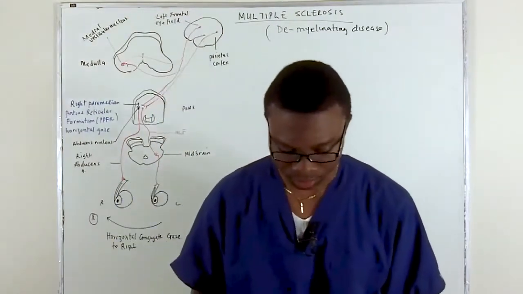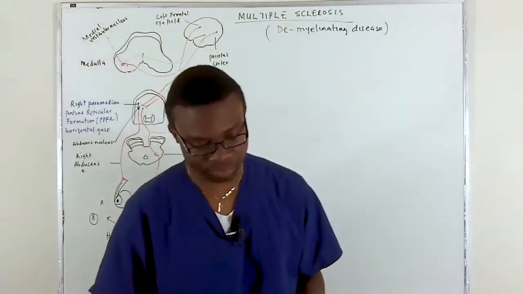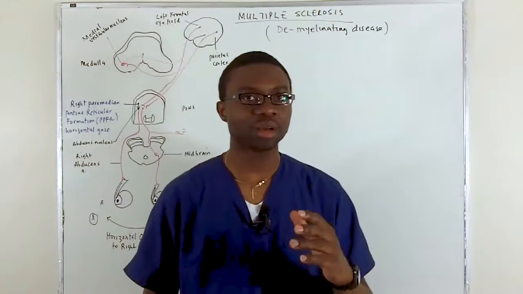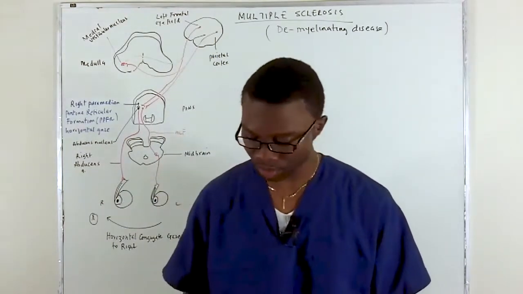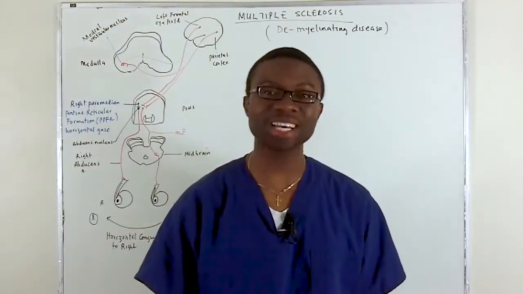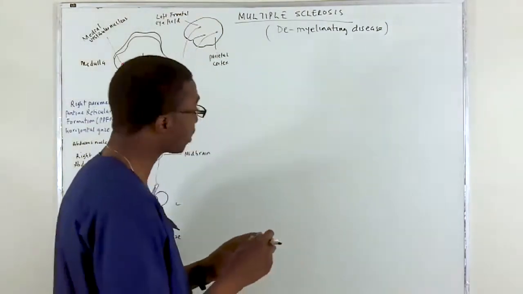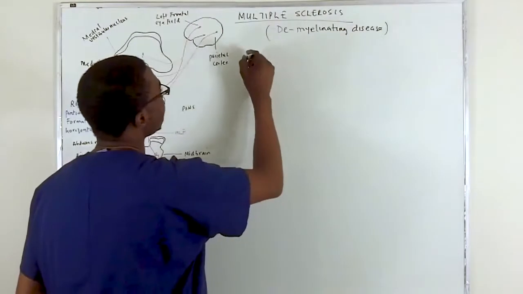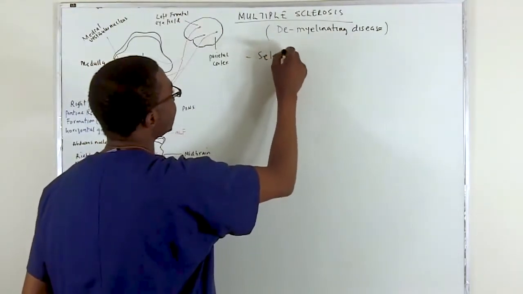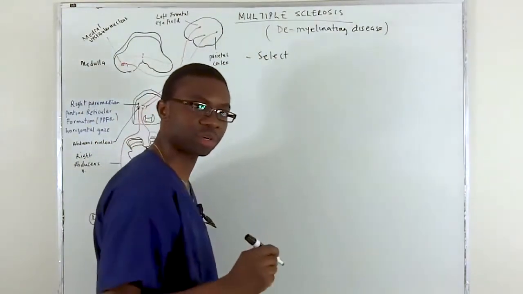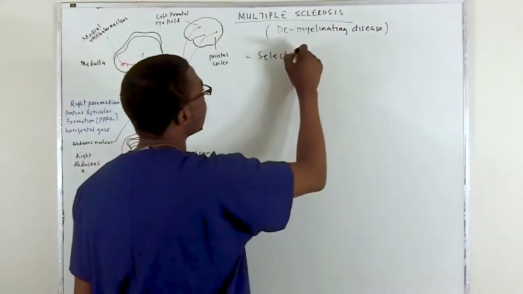Yes, I think so. So now let's talk about the pathology of multiple sclerosis. In this case, this is actually a selective demyelinating disease of the central nervous system. Selective means it picks specific parts of the central nervous system to be affected.